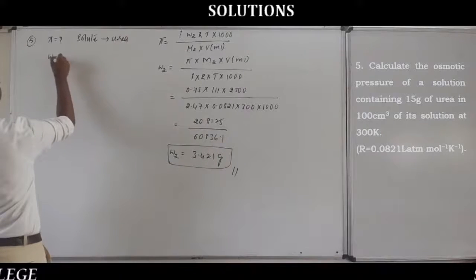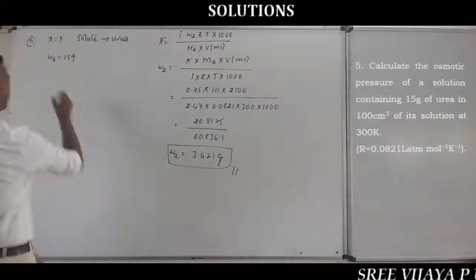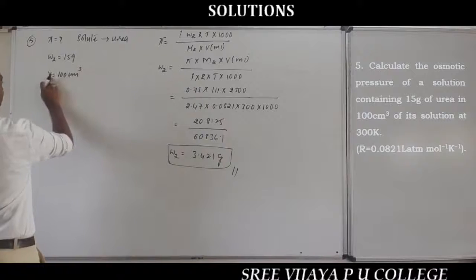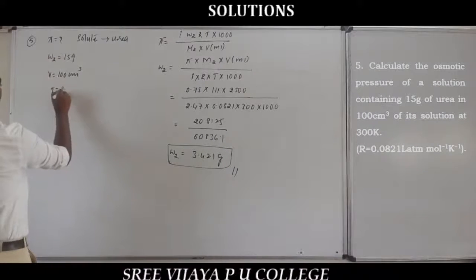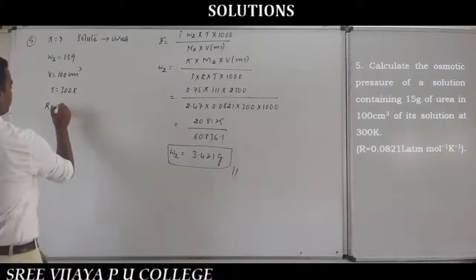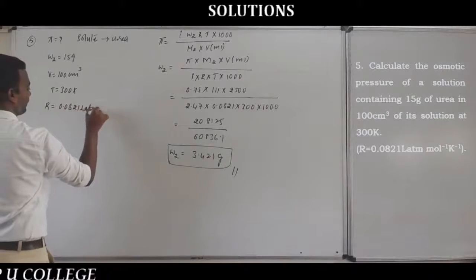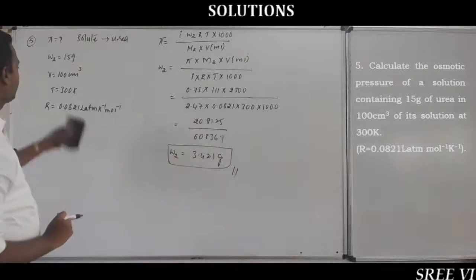W2 is equal to 15 gram of urea, dissolved in a volume of solution of 100 cm3, at temperature T equal to 300 Kelvin, and they have also given the R value, 0.0821 liter atmosphere per Kelvin per mole. That is the given data.